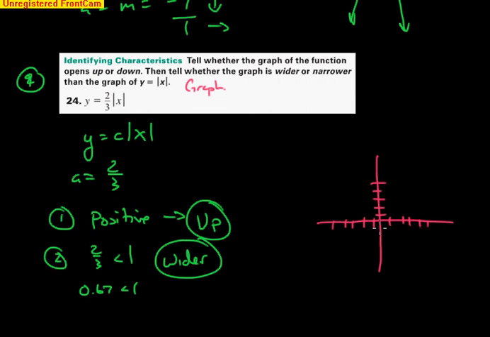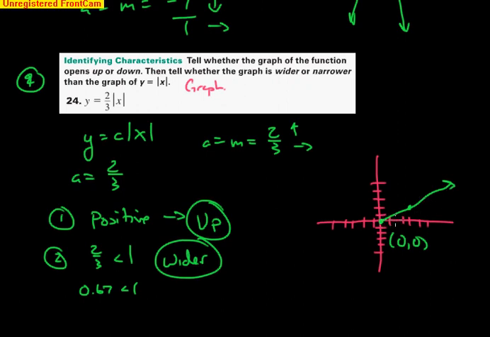Okay? So I'm here. 5 in each direction is good enough, I think, for this. Treat your a as the slope. 2/3. Down, sorry, not down. It's positive, right? Up 2 to the right 3. So 0, 0 is always on my graph. I go up 2 and to the right 3.